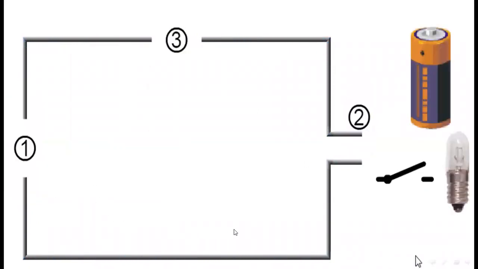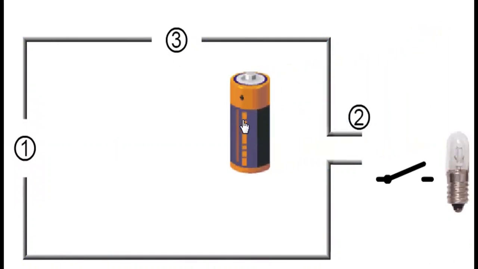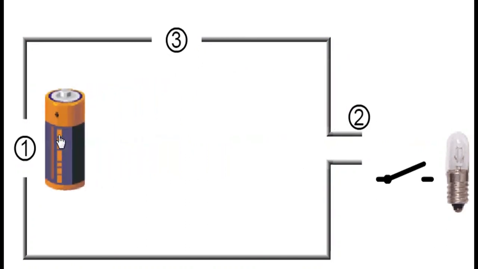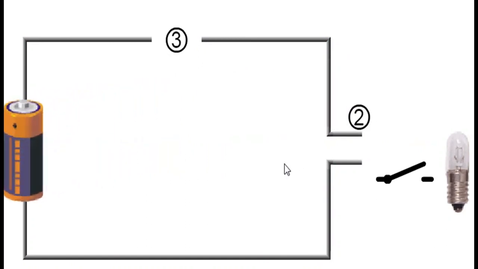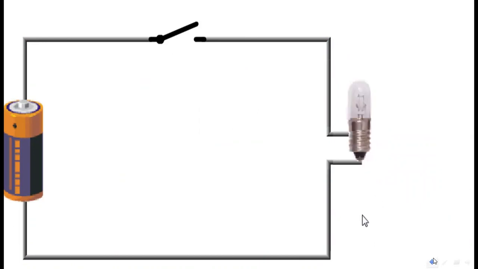See, first the battery is placed in the right place, then connect the wire. After the bulb is placed in the right place, when the wire is connected, electric current starts flowing.